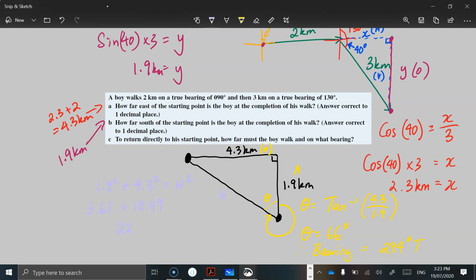And so we got 22.1 is h squared. So that means when we square root both sides, the square root of 22.1 is 4.7. So the distance that the boy needs to walk at a bearing of 294 degrees true is 4.7 kilometers back to where he started.